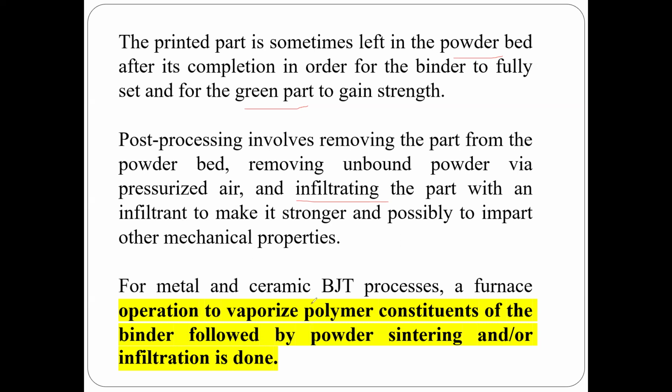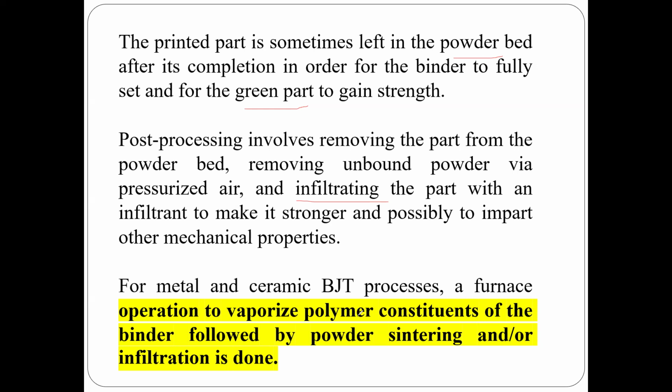For metal and ceramic binder jetting processes, a furnace operation is used to vaporize the polymer constituent of the binder, followed by powder sintering, and then infiltration is done. So technically what happens, students, is that you are using a binder which is of a polymeric nature.